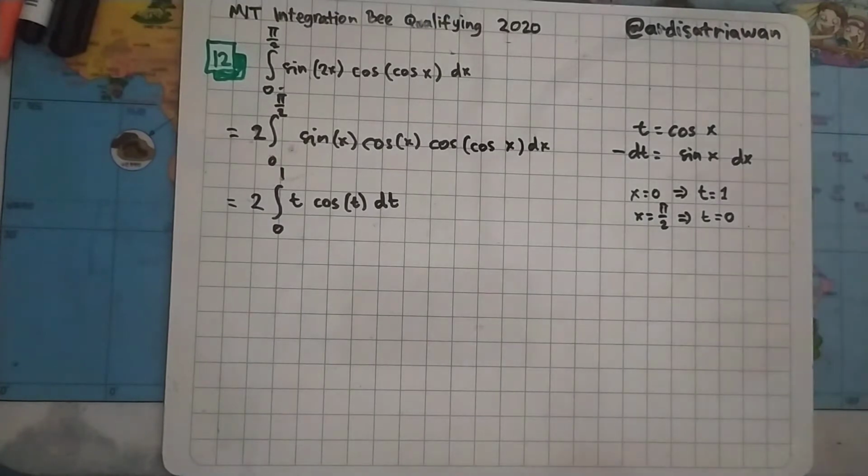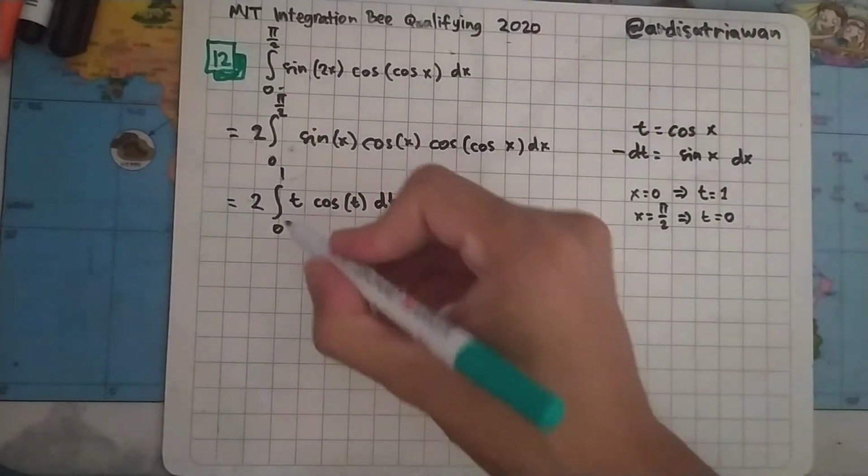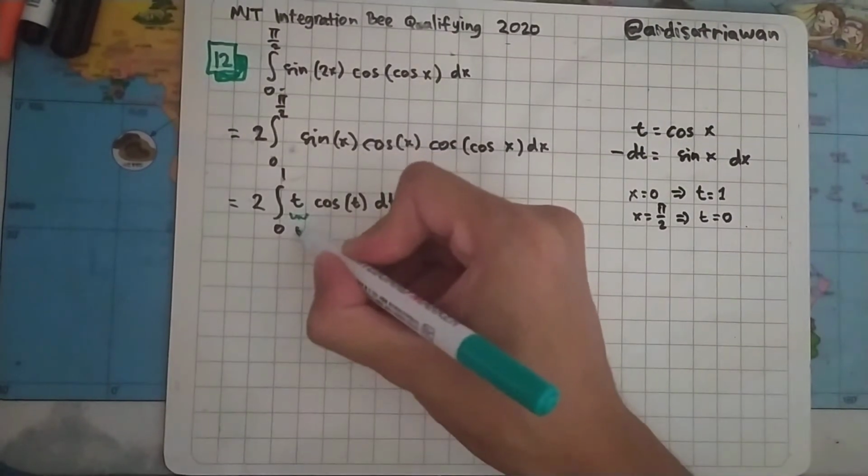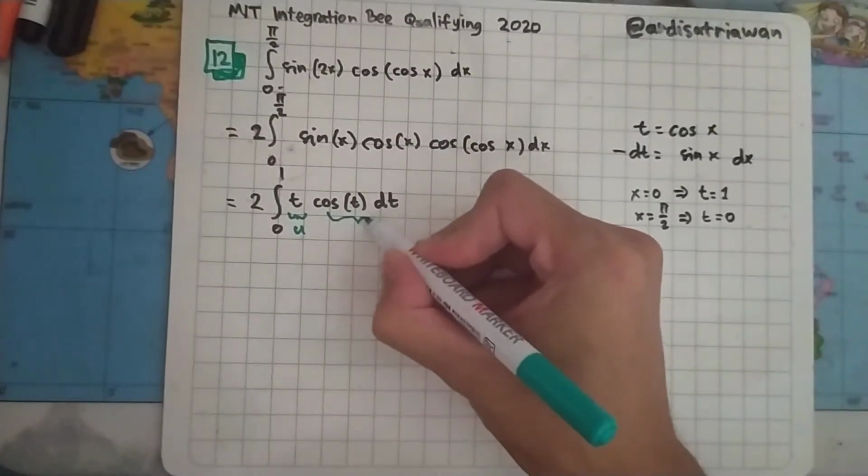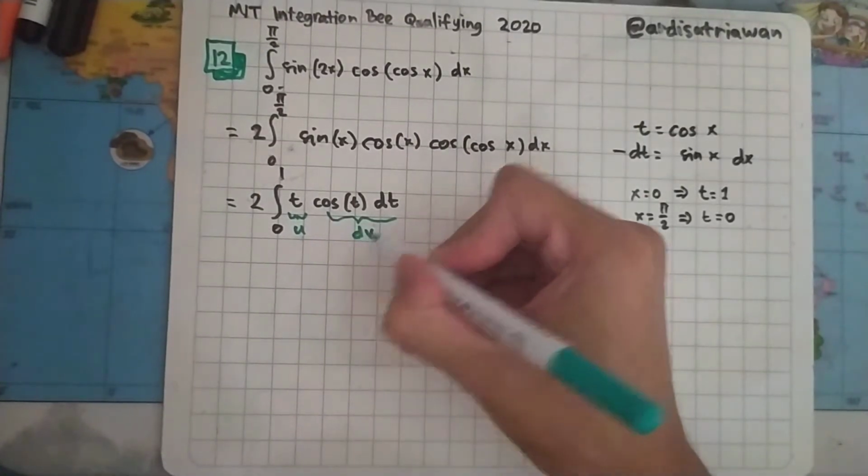Okay, now we have this simple integral to integrate, and we will use integration by parts. So this will be our u, and this will be our dv.